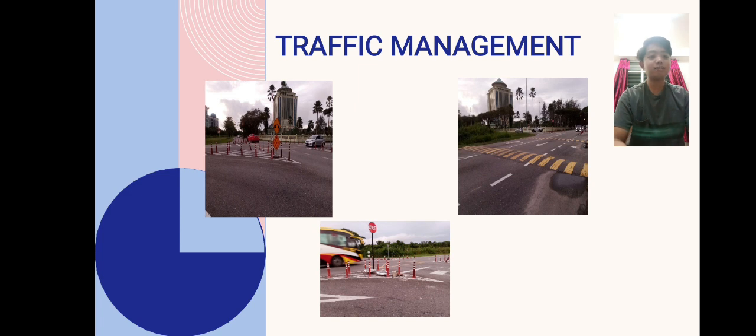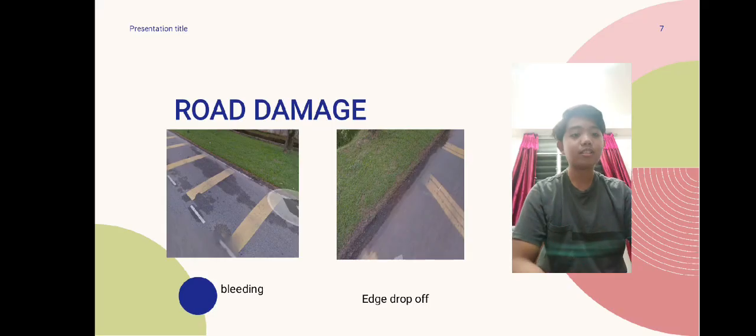Traffic management involves controlling the flow of vehicles and pedestrians to ensure smooth and safe movement on roads, typically through the use of signals, signs, and other regulatory measures. Road damage characterized by bleeding refers to a situation where excess bitumen or asphalt creates a glossy, sticky surface, and edge drop-off occurs when there's a sudden change in pavement height at the road edge.